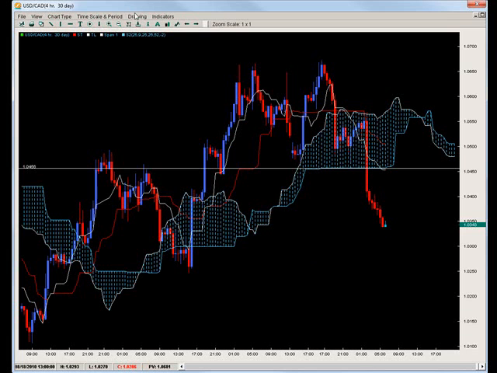First off, one of the key things, as I mentioned in the article, was that we had this flat top Kumo bottom here. Actually, this is a flat bottom. Flat tops and bottoms on the Kumos, when the Kumo gets broken on those levels, tend to produce slightly more powerful Kumo breaks. That doesn't mean that a Kumo break on any other shape of Kumo cannot produce a powerful break.